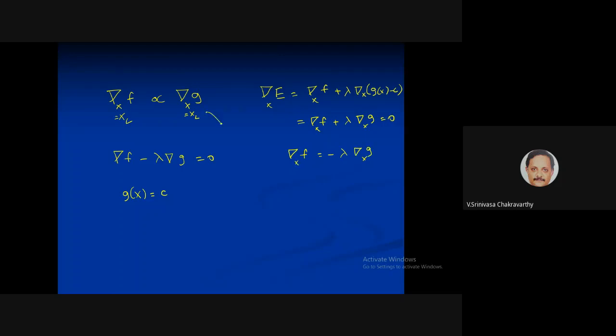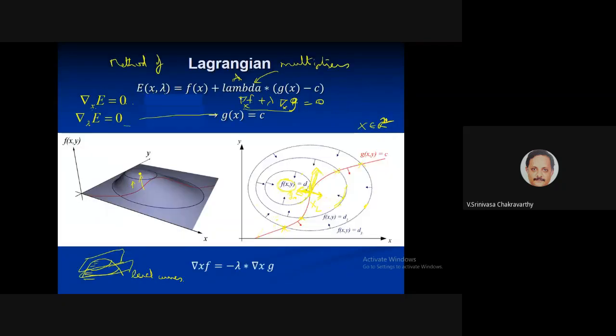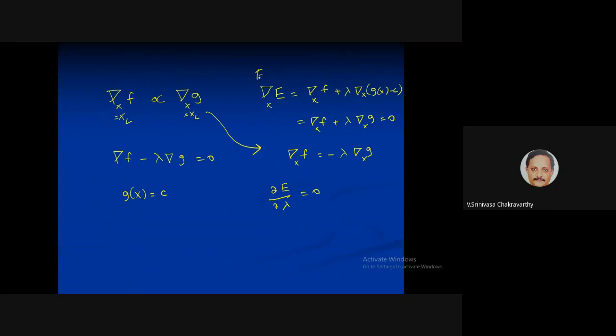This is saying the same thing in a different way, right? This is one equation. The other equation is dou e by dou lambda equal to 0. Because e is given as f of x plus lambda into g of x minus c, dou e by dou lambda equal to 0 is basically g of x minus c equal to 0. This is just the constraint equation. So if you solve these two equations, you get the solution.